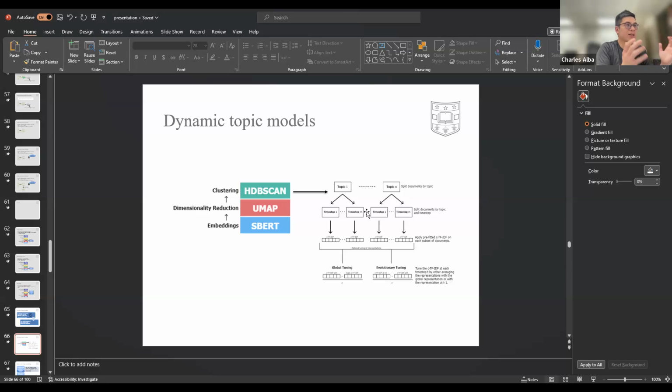But the important thing is that which topic a document belongs to is clustered all together. The logic for this is that if you were to split into time steps and then cluster, it would be a bit too fine-grained. You want to get the whole big picture, so this is why they do it.